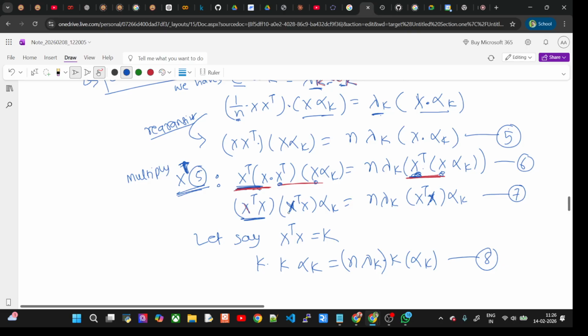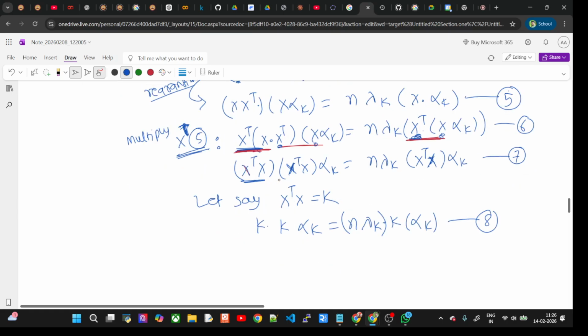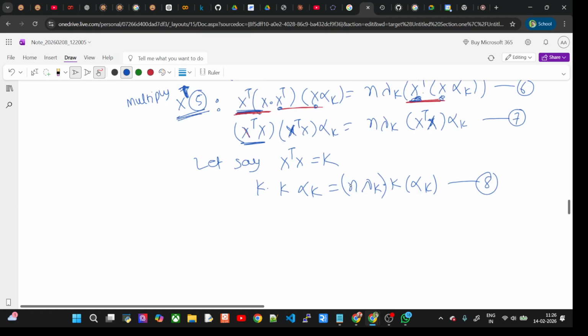Yeah, see here, you are not doing any kind of different things. K into what? K square alpha k equal to n lambda k, this K is the same alpha k. I can simply write this like this, K and this K cancel, but I just don't want to do that. I just thought to go with the next step.